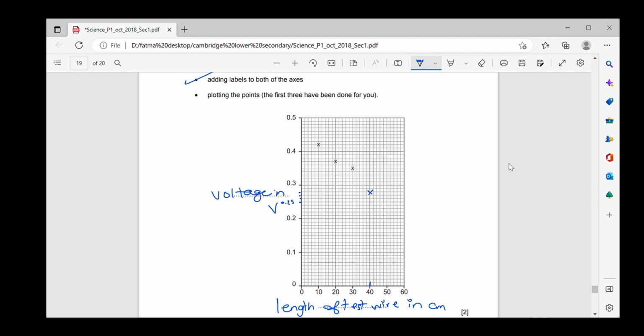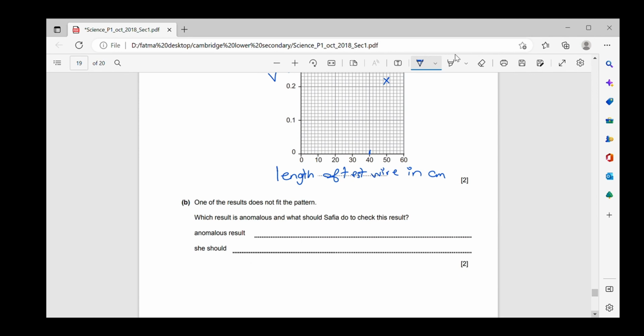A 50 and 0.22 here. So this is the 0.22, and this is the 50. This is the second point. So here we are done with part 2.